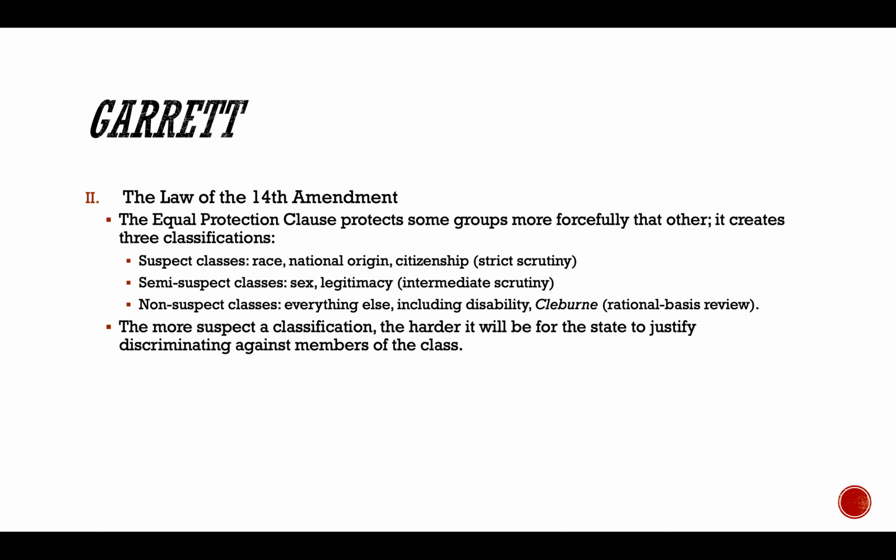Just to summarize what I just said, the more suspect a classification is, the harder it's going to be for the state to justify discriminating against members of that class. To take another example, a state will have an easy time denying a driver's license to a blind person. They don't have to give anything other than a rational basis. If a person challenges the statute, the person would have to argue that there was no rational basis for the denial, but it's clear what the rational basis would be.